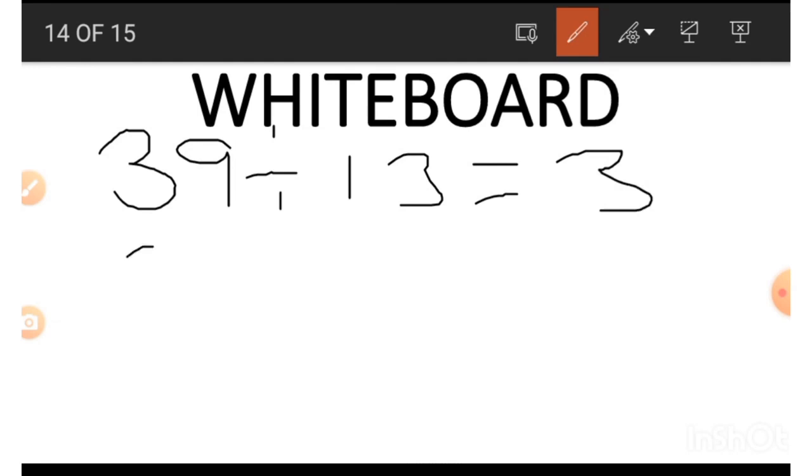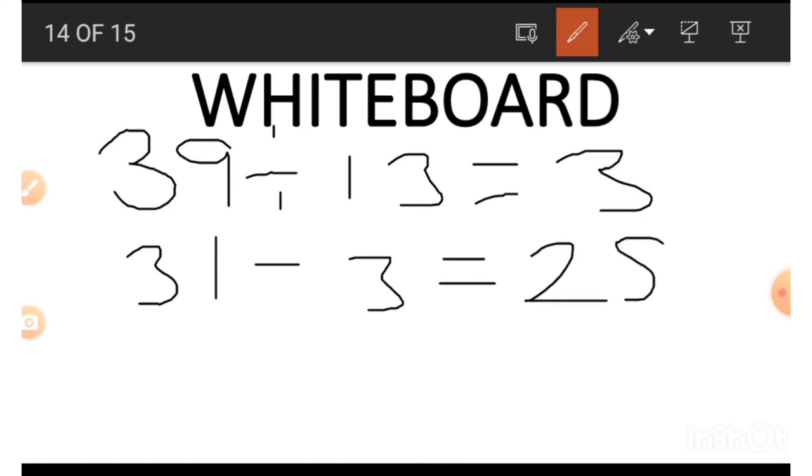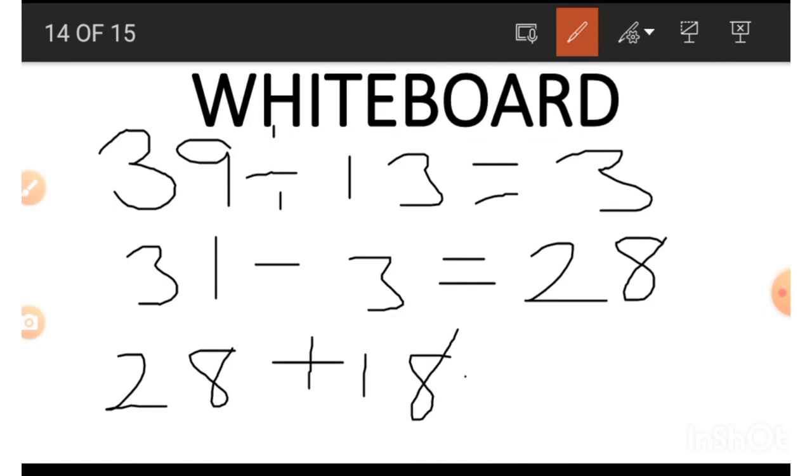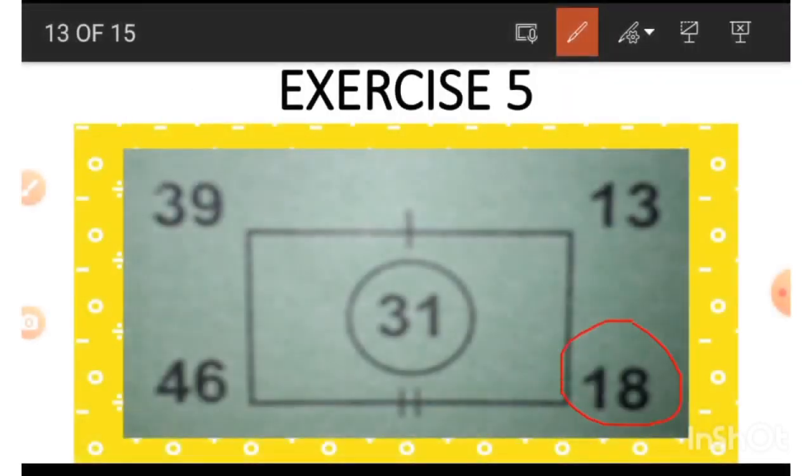We have the 31. So 31 minus 3 is going to give us 28. This 28 we are going to add to the 18. So 28 plus 18 gives us 46. This is how you get the 46.